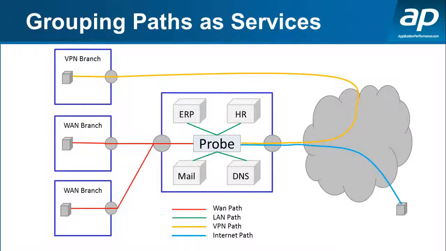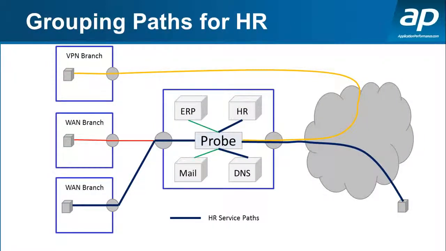So a collection of paths like this is okay, but it would be more interesting if we could bundle a whole set of paths together that were associated with particular applications. As an example, let's say for HR, just the heavy blue paths are the only paths that are associated with the HR applications.